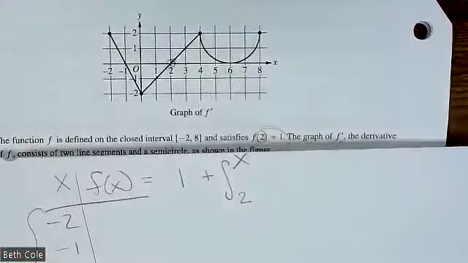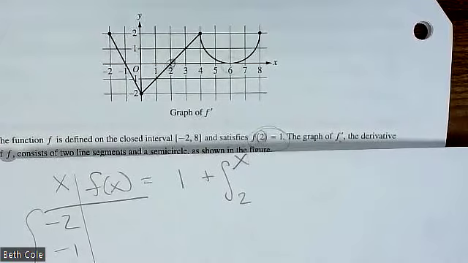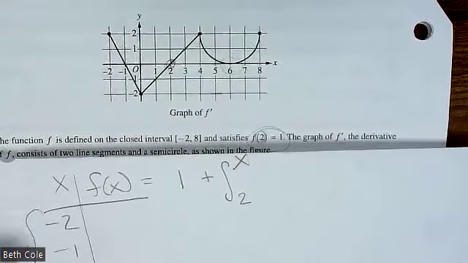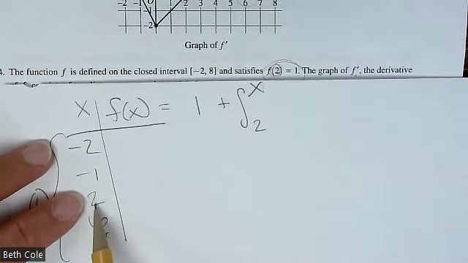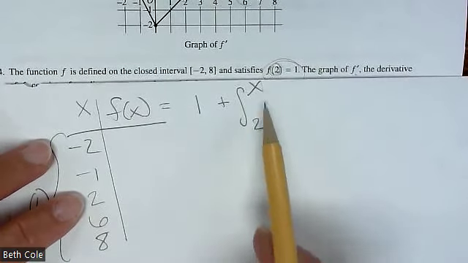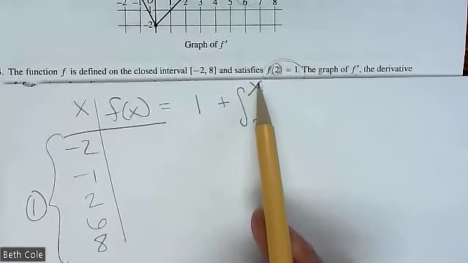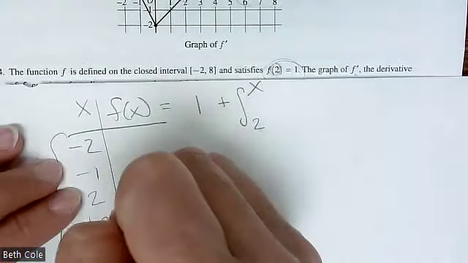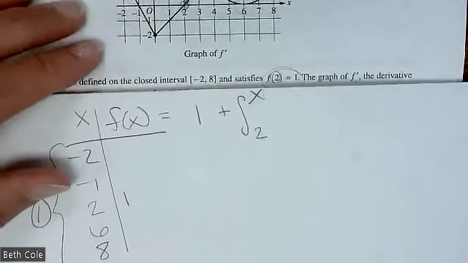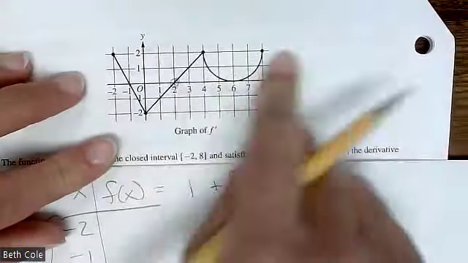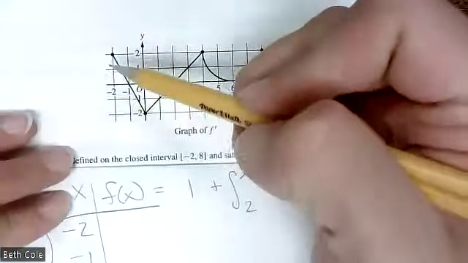And then to x, wherever you want to go. The easiest one, which I'm going to do first: if you plug in 2, the integral from 2 to 2 is nothing, plus 1 gives you 1. So for 2, 1, you can go ahead and put that on there. For the rest of these, you're going to have to come up here and slice this apart and get all of your areas. So let's do the first one.